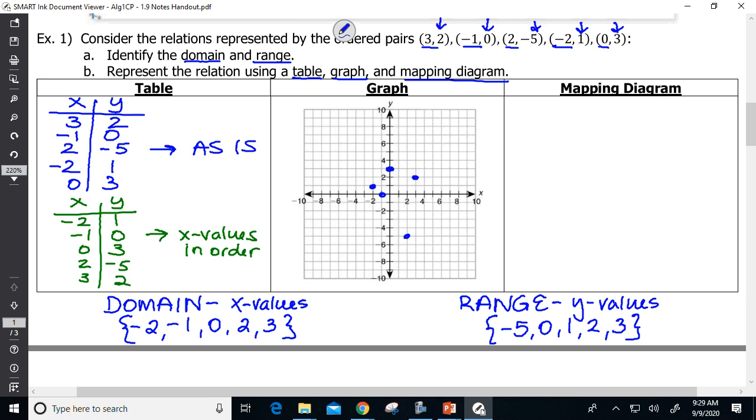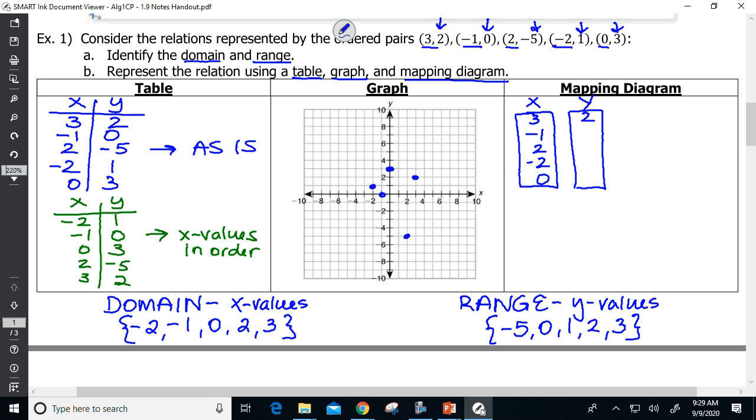The last one is a map. So when you do a map, you draw 2 rectangles. One for the x values, one for the y values. So again, the x values go in the x rectangle.